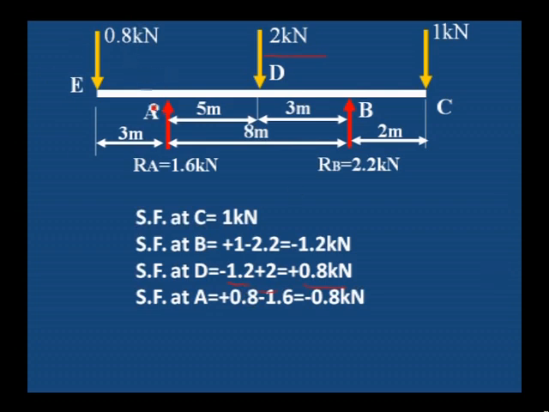Shear force at A point, previous value is plus 0.8 and then minus 1.6, upward load minus 1.6, therefore minus 0.8 kilonewton is the shear force at A. Shear force at E, minus 0.8 kilonewton.